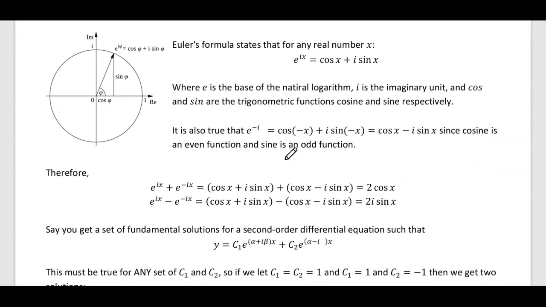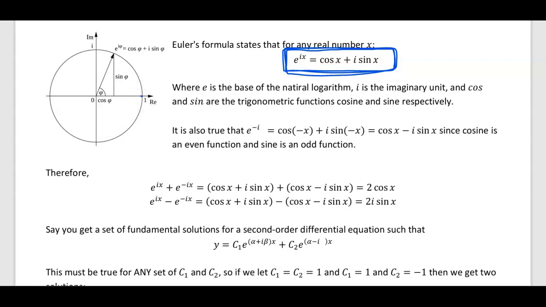So Euler's formula says that for any real number x, we can represent e to the ix as this trig sum. And let's just talk quickly about how that kind of comes to be. Think about the unit circle. Okay, so if you notice, this is the real number 1.